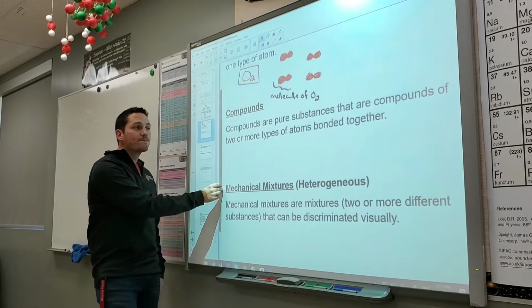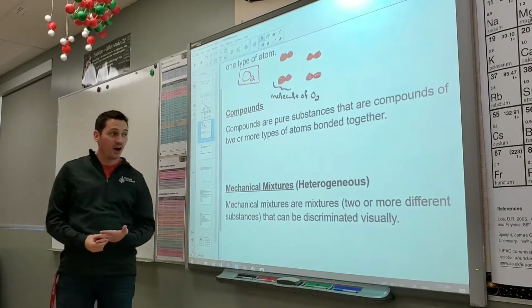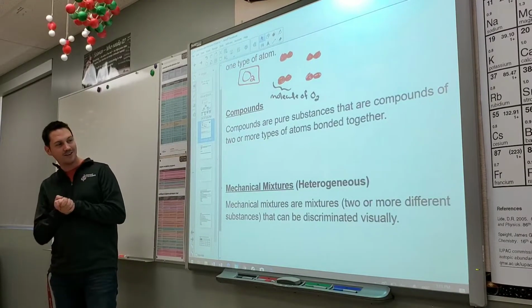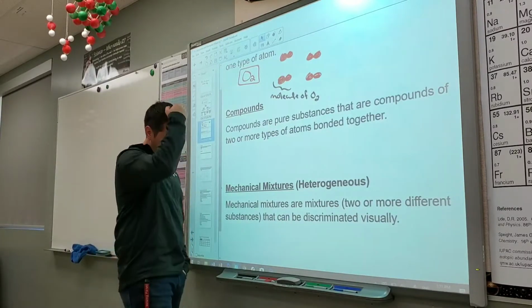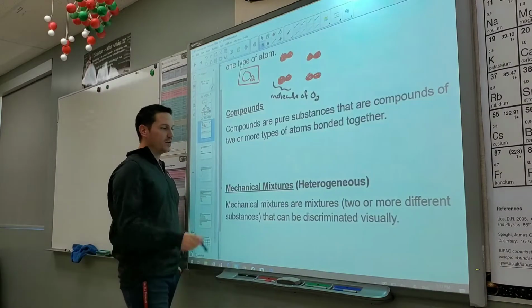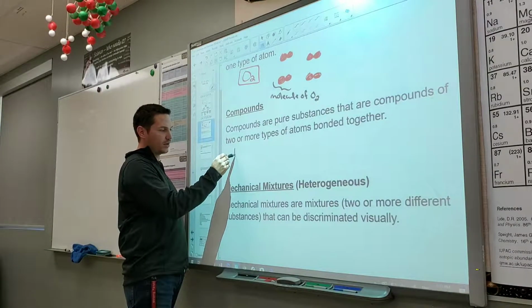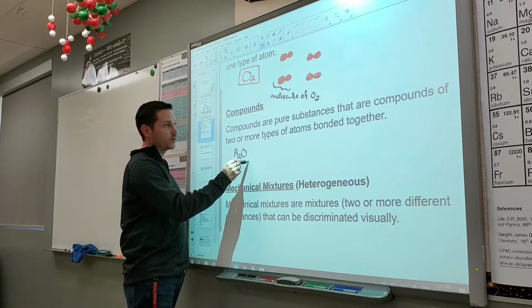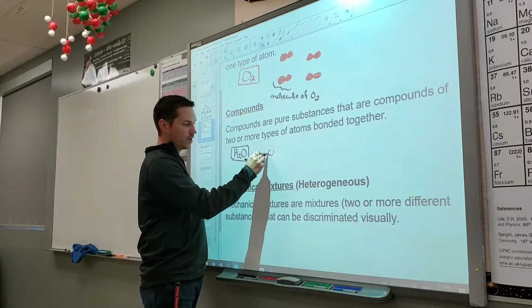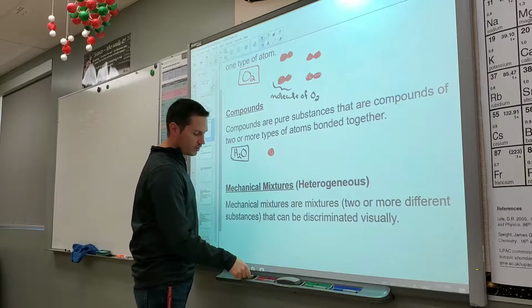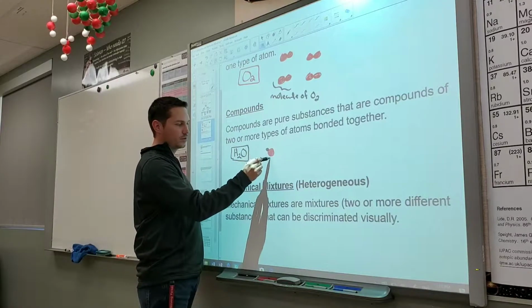Compounds are substances that are made of two or more types of atoms bonded together. So let's talk about H2O. Here we've got an O bonded to two H's.